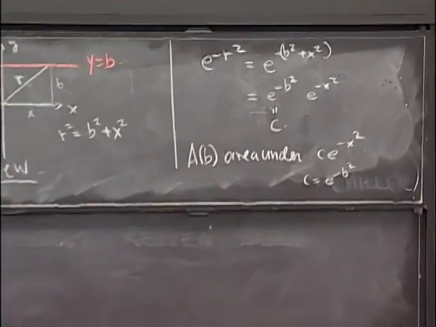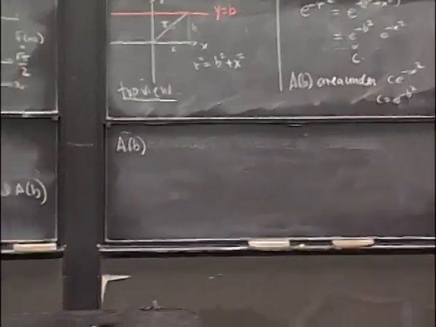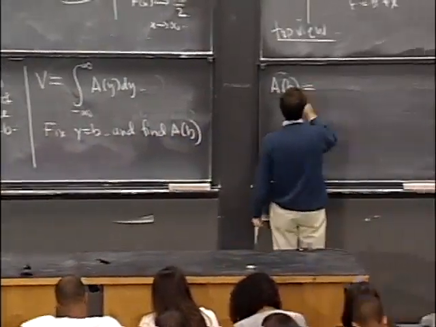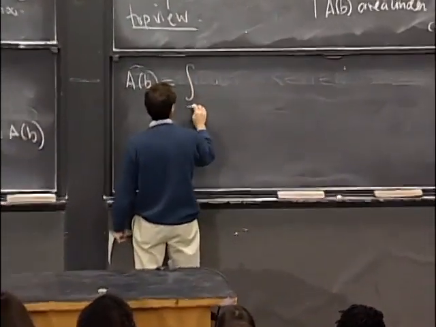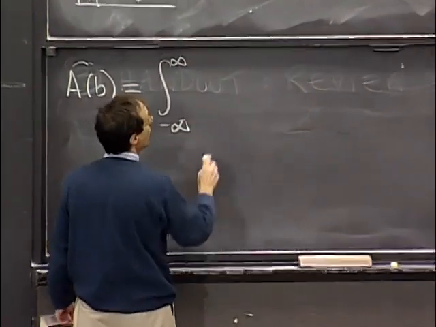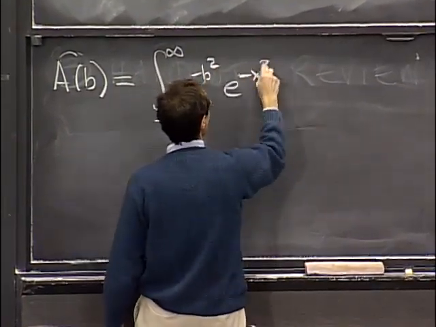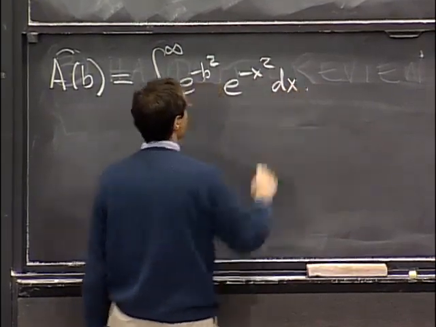That's what our slice is. In fact, it looks like one of those bumps. Here's its formula. Again, it's the integral from minus infinity to infinity of e to the minus b squared, e to the minus x squared dx.